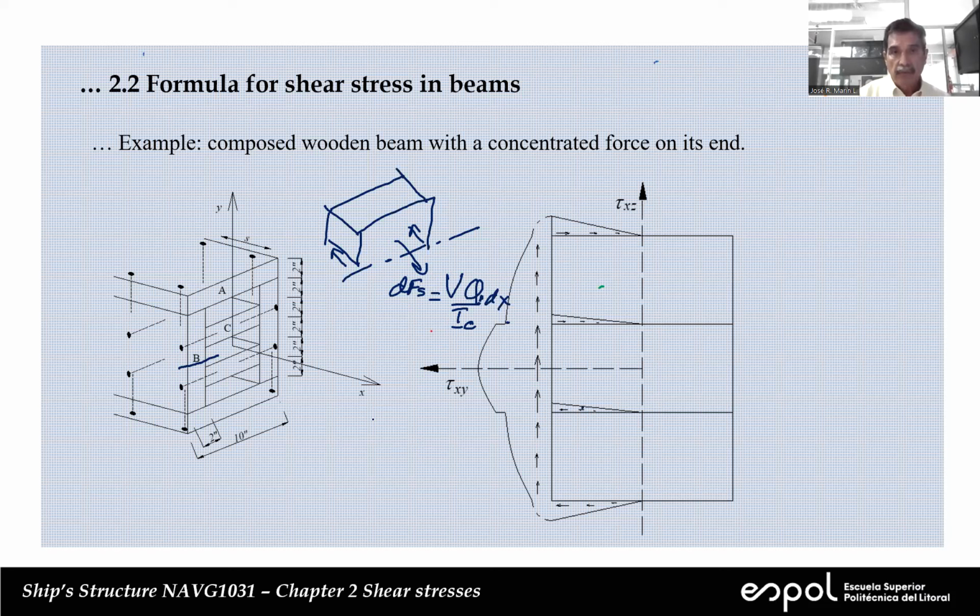Now, down here, this is the full section. This is exactly this one. Now, I'm only going to consider this part.